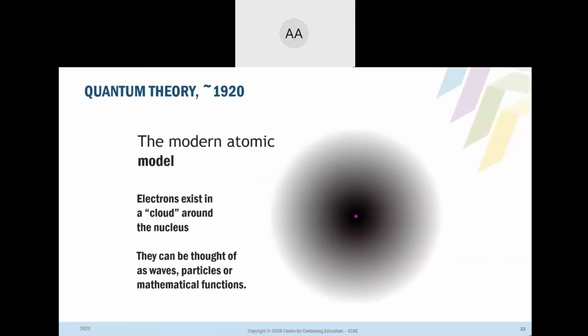So the modern atomic theory, or the modern atomic model, quite simply explains that electrons exist in a cloud around the nucleus, and that they can be thought of as waves or particles or mathematical functions, and that we know the nucleus is quite dense and heavy, and there's quite a lot of space, as Rutherford's experiment showed, where the electrons create the volume.